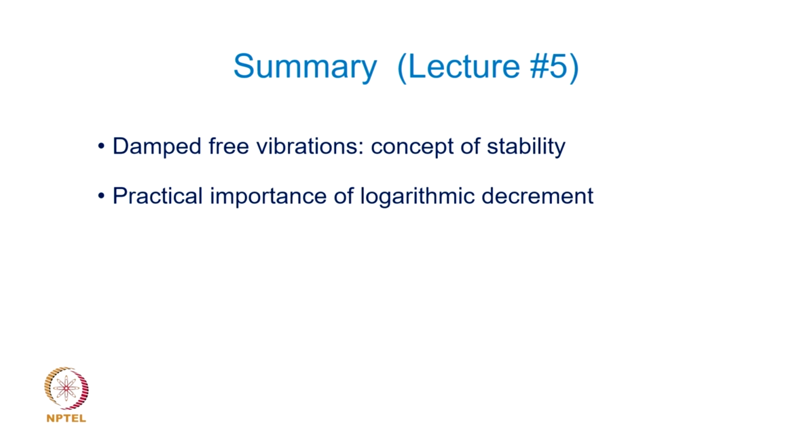We also saw an alternate parameter for quantifying the decay of free vibration response, and that parameter was logarithmic decrement, and we observed how practically convenient this logarithmic decrement is, which does not need knowledge of the parameters of the vibratory system, and based on the measured data you can quantify the amount of damping in the given system.